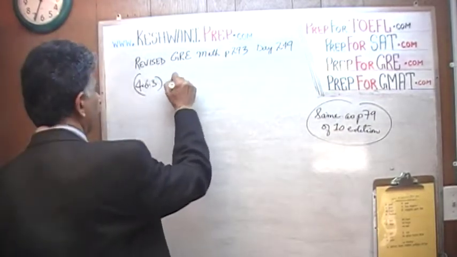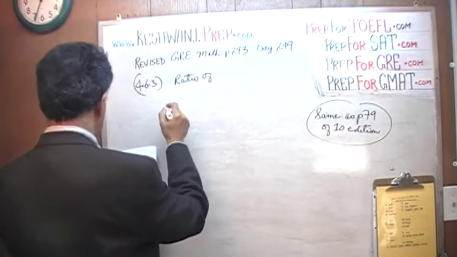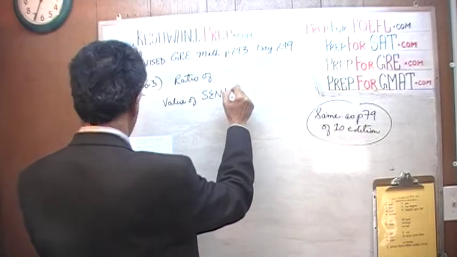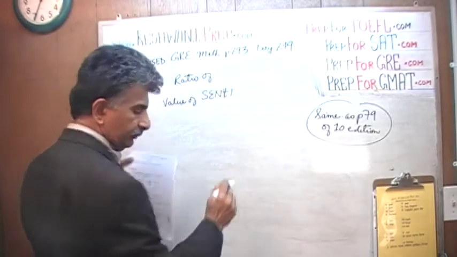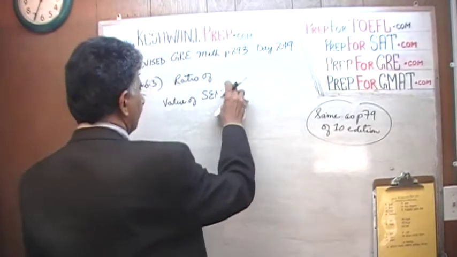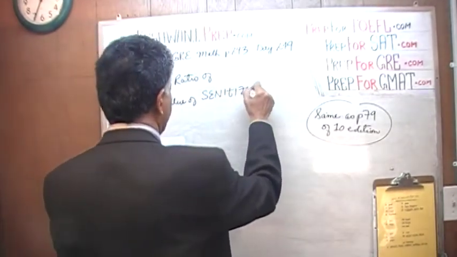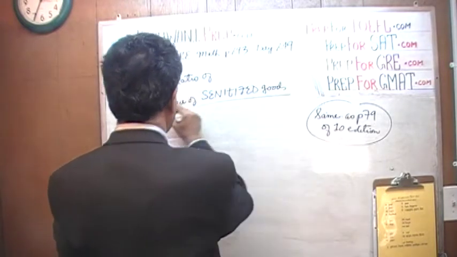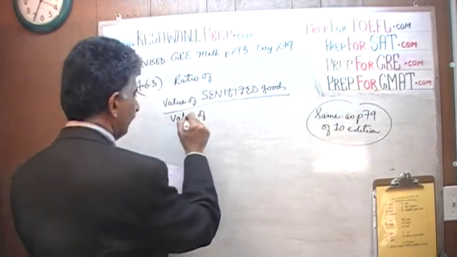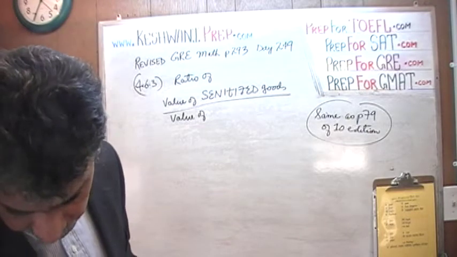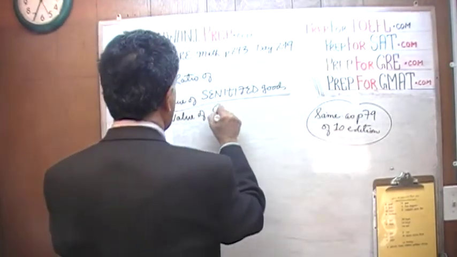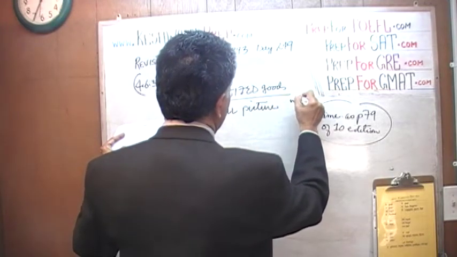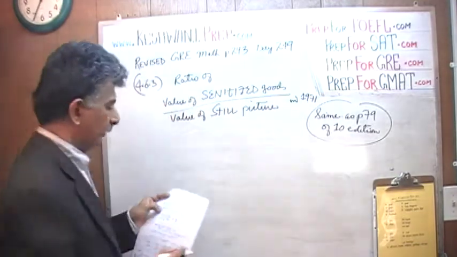Okay, so we're looking for the ratio of the value of sanitized goods to the value of still picture equipment in 1971. Let's find out, shall we? In 1971.